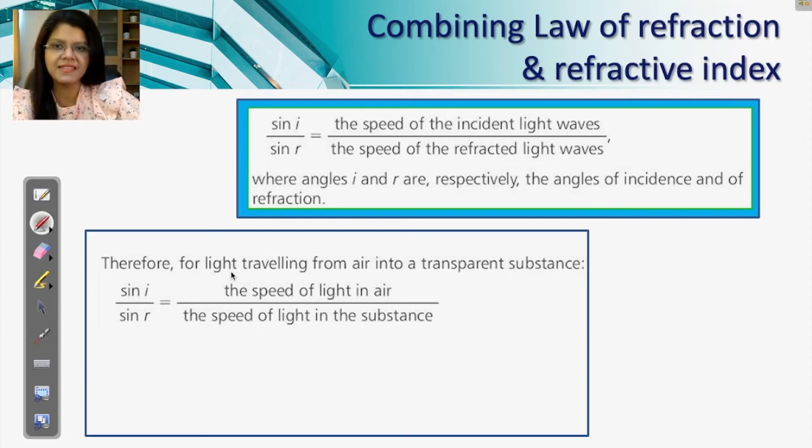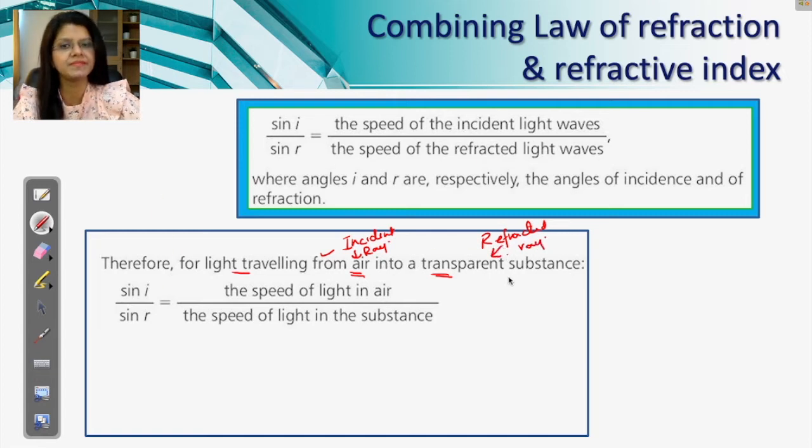Where is your incident ray? Incident ray is in the air. And where is your refracted ray? It is in the transparent medium.